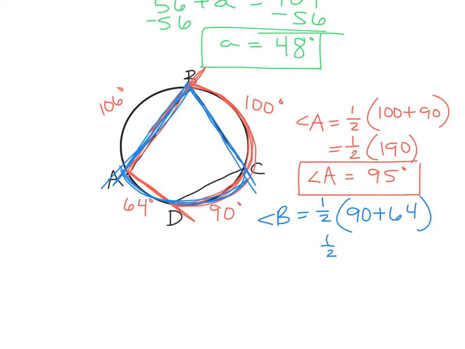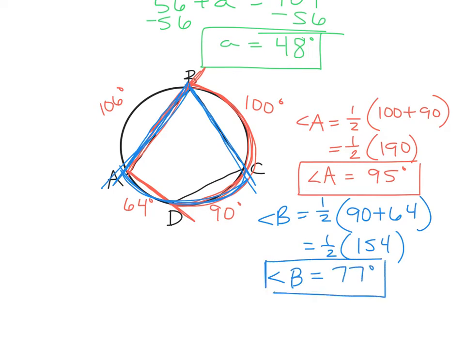So half of 154, which means angle B is 77. Are you seeing it? Yes. Okay, let's do C and D, and then we'll do another one.